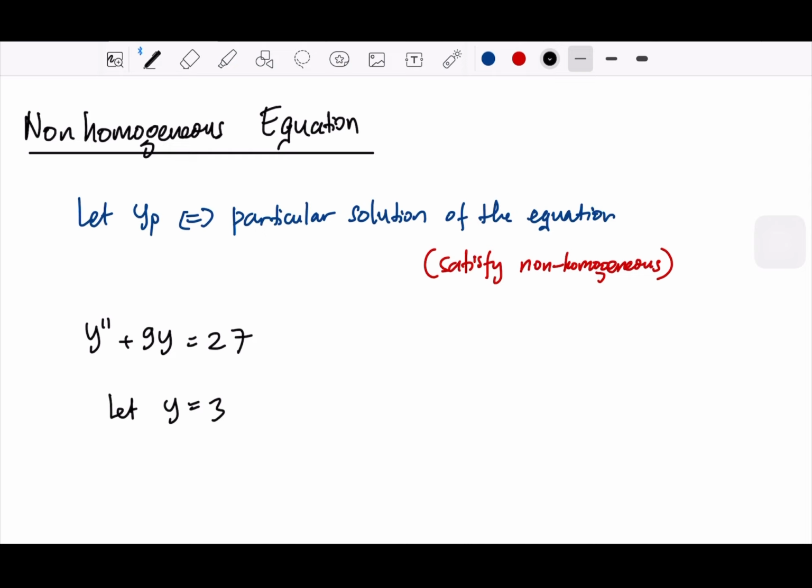So we put in y and it works perfectly with this differential equation. But of course, this is not the only solution, right? But this is a particular solution that satisfies the non-homogeneous one. So we could say that this y equal 3 is our yp. This is a particular solution.